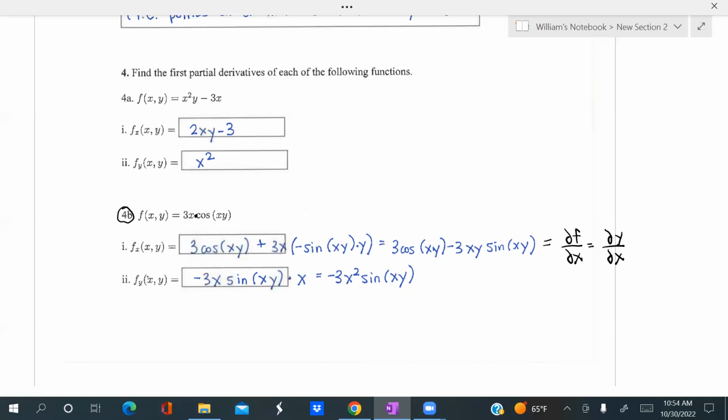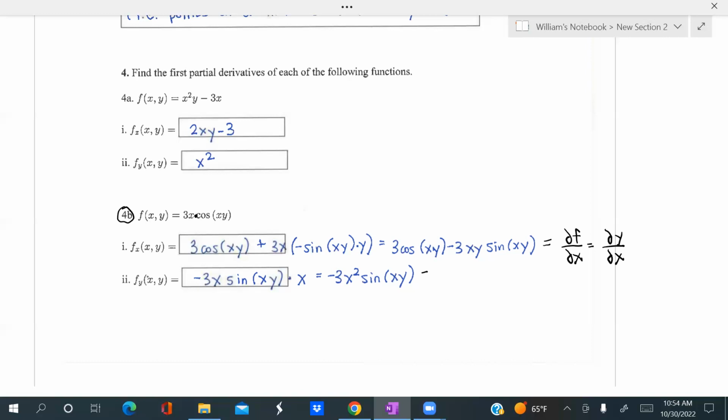But again, the chain rule does come into play when you're differentiating cosine xy with respect to y. You have to remember to multiply in the derivative of xy, which with respect to y is just x. So we end up with minus 3x squared sine xy.